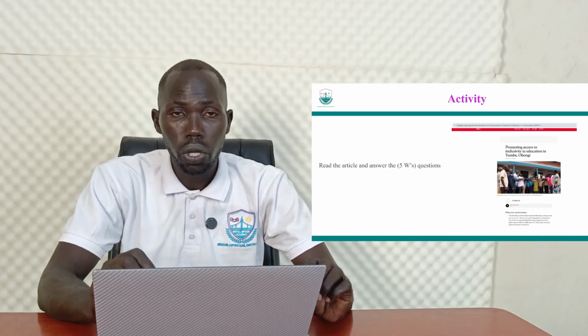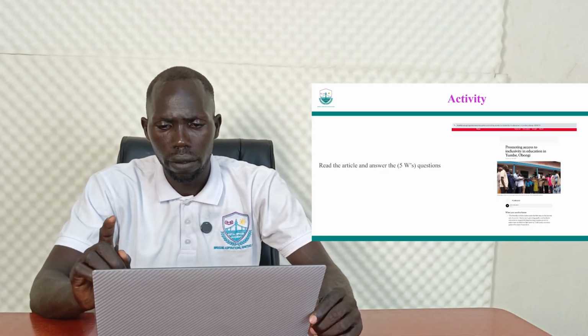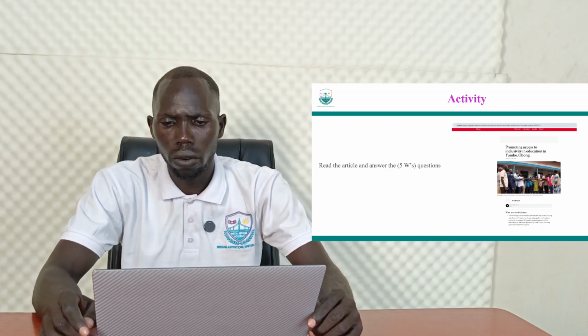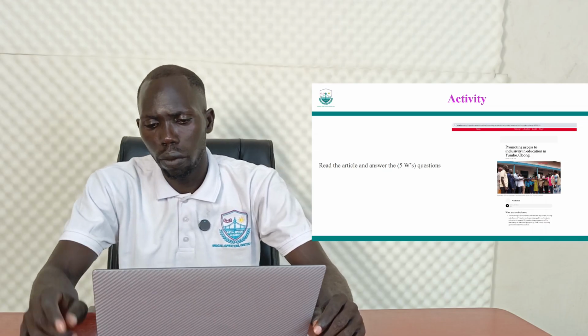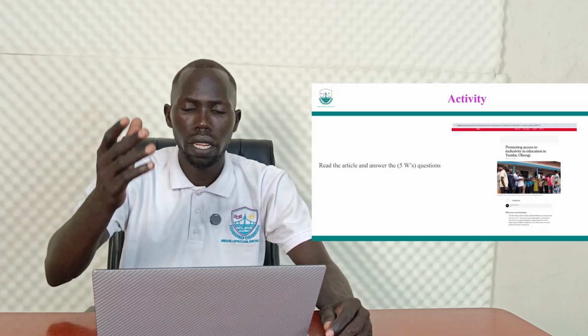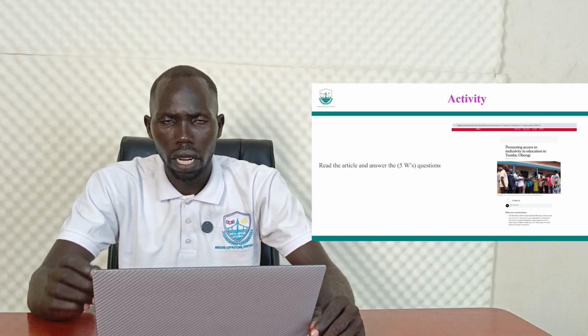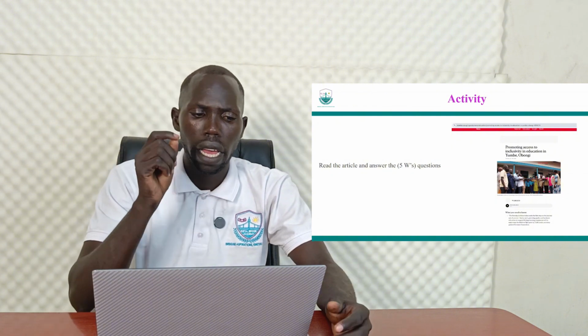An activity too for you to look at: you are going to read an article titled Promoting Access to Inclusivity in Education in Obongi and Yumbe. It is important that you go get this information. It is on Daily Monitor. You can get it and read it.